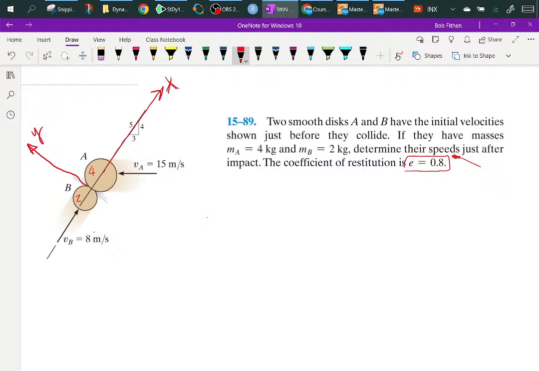So in setting the second one up, I would have to say X is the line of impact, and Y is part of the plane of impact. And immediately, we're going to basically borrow this.